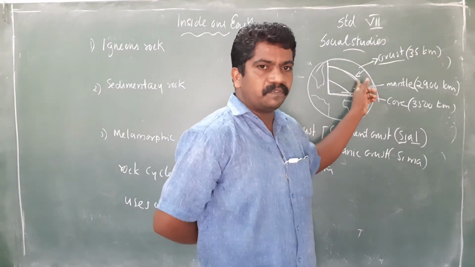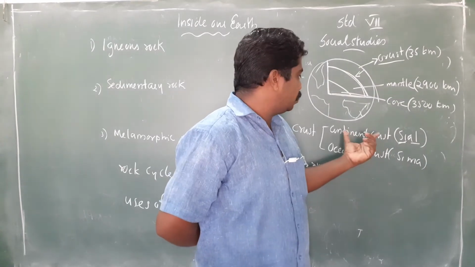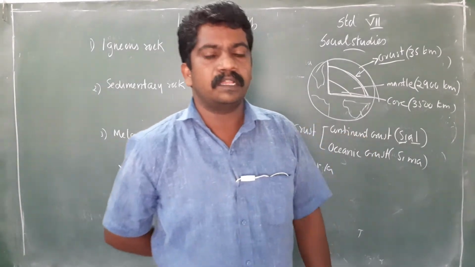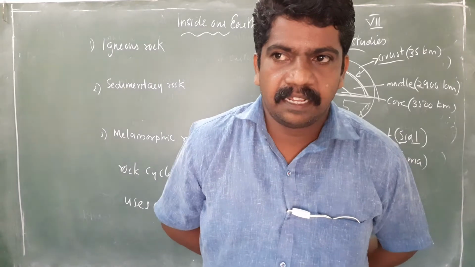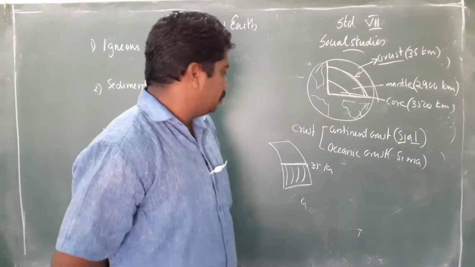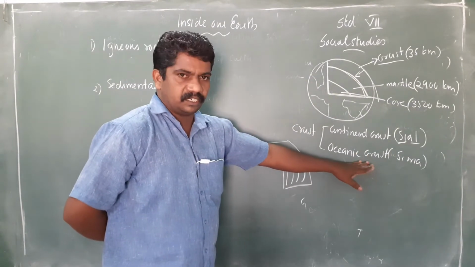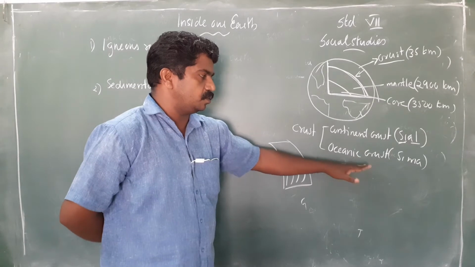There are two types of crust: continental crust and oceanic crust. Continental crust includes minerals like silica and aluminium, therefore it is called Sial. The other is oceanic crust. It is under the ocean.